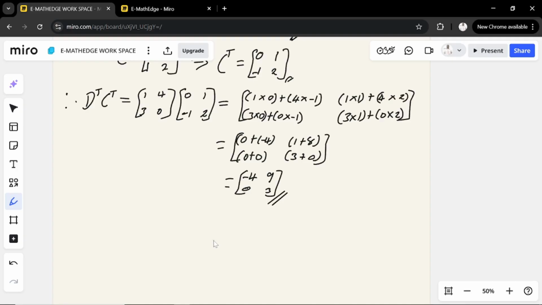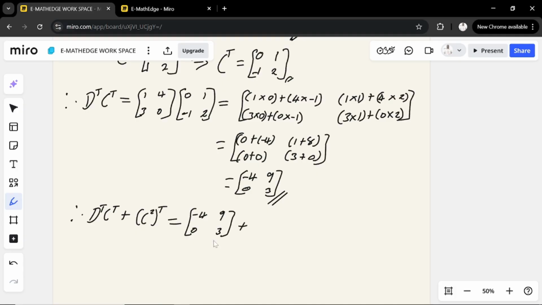So the next thing we are going to do is to add up the D transpose C transpose, which we just obtained, and C square transpose, right? Therefore, D transpose C transpose plus C square transpose is going to be D transpose C transpose, which we just obtained now to be -4, 9, 0, and 3, right?